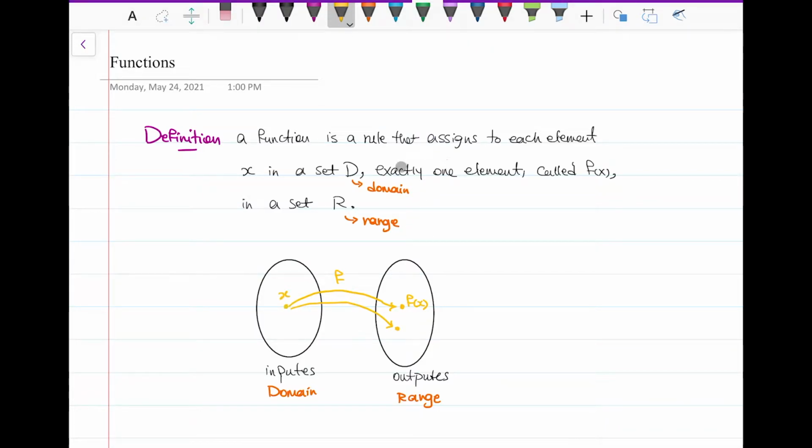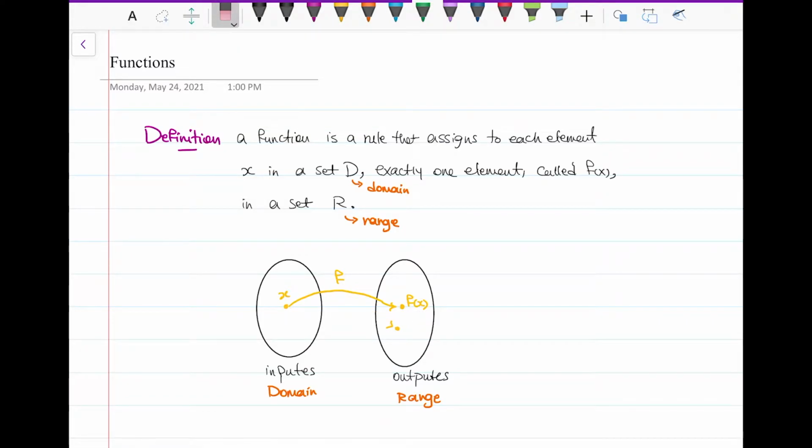That's why we say any element x in the domain goes to exactly one element in the range. So we cannot have this situation. Every point in the domain should go to exactly one point in the range.